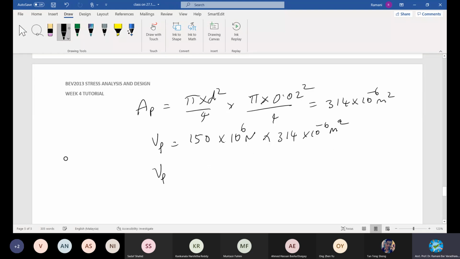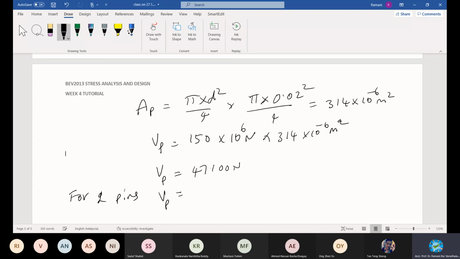What is VP, the shear force for one pin? It will be equal to 47100. What is the unit? Newtons. For two pins, or for two links, you need to multiply by 2.